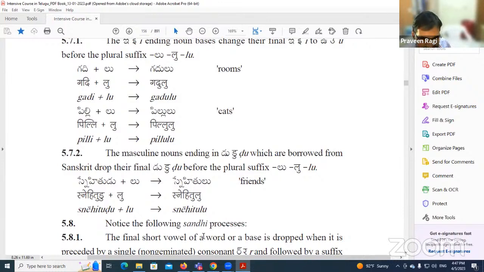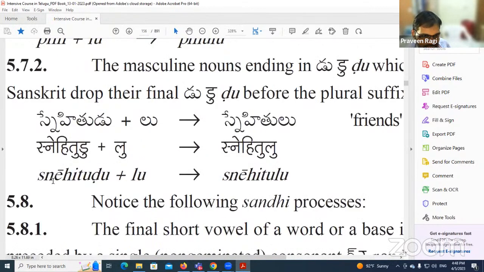So in feminine gender, just imagine here. If we are talking about feminine gender, Snehituralu. If you want, you can type it in your notebook.